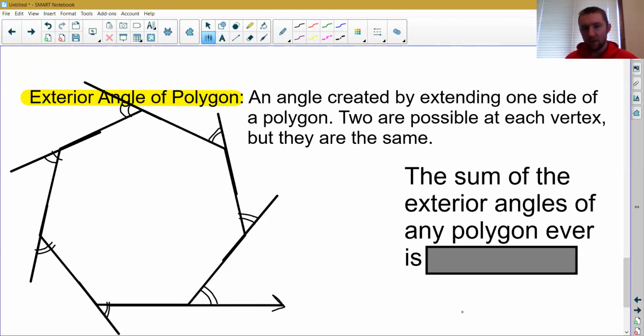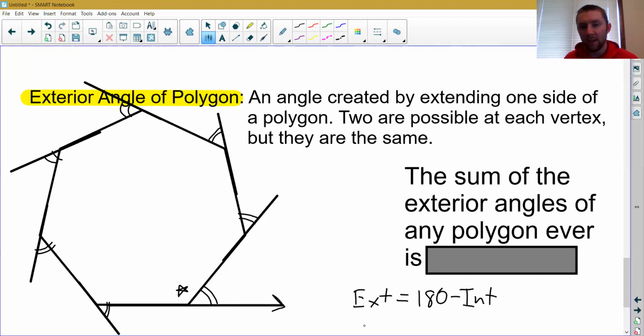So here's the deal. An exterior angle is always equal to 180 degrees minus an interior angle, because the outside angle and the inside angle create a straight line, a 180 degree angle.